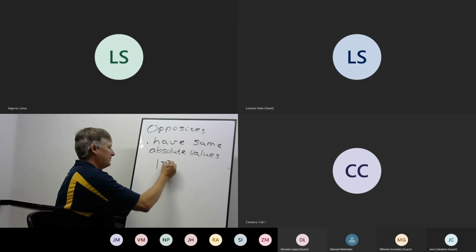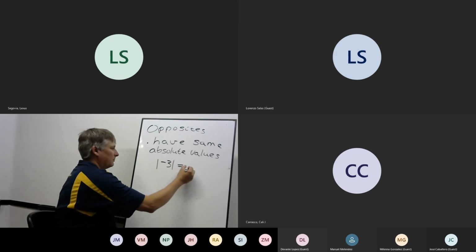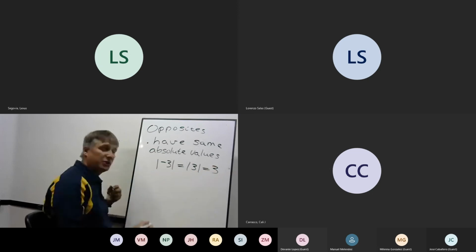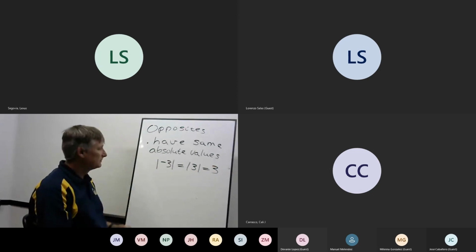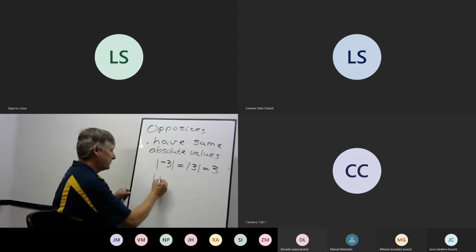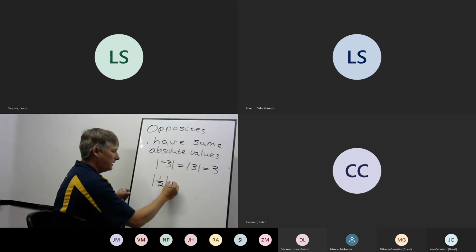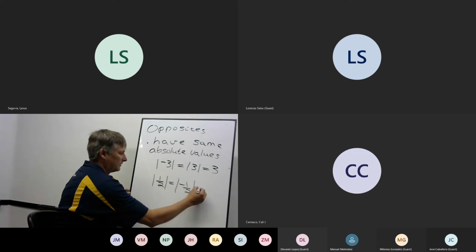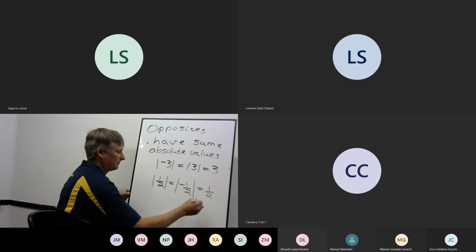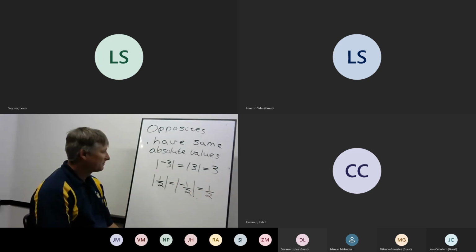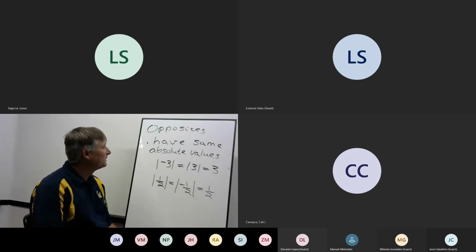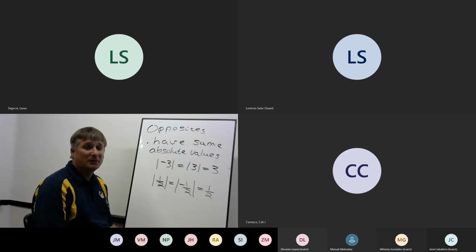So the absolute value of -3 will be the absolute value of 3, which is just going to be 3. And the absolute value of 1/2 will equal the absolute value of -1/2, which is just 1/2. They have the same absolute values. They're the same distance from 0. Questions about that?